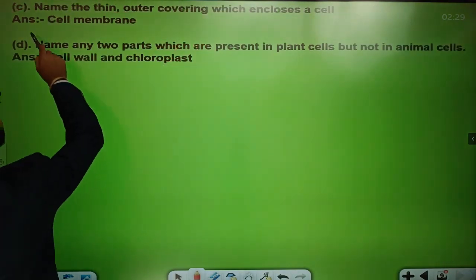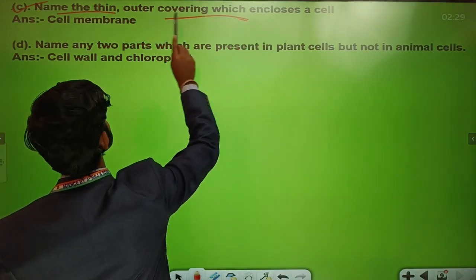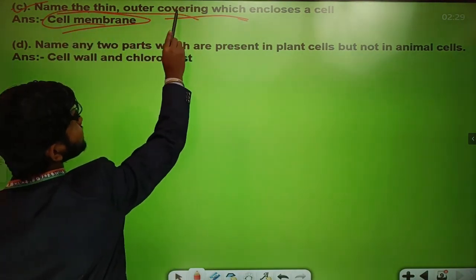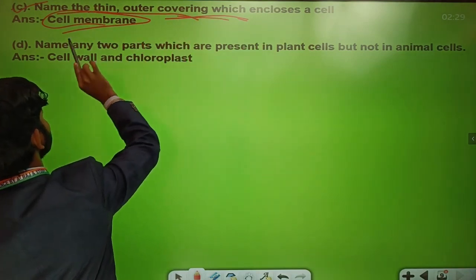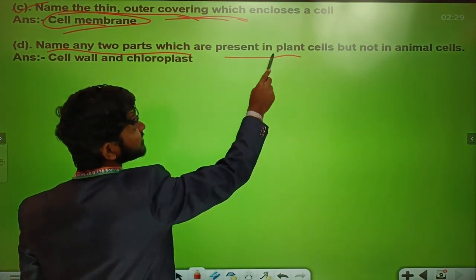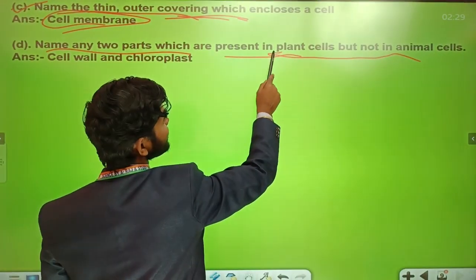Question 40C. Name the thin outer covering which encloses a cell. That is the cell membrane. The thin outer covering of the cell is called the cell membrane. Now, name any two parts which are present in a plant cell but not in an animal cell.